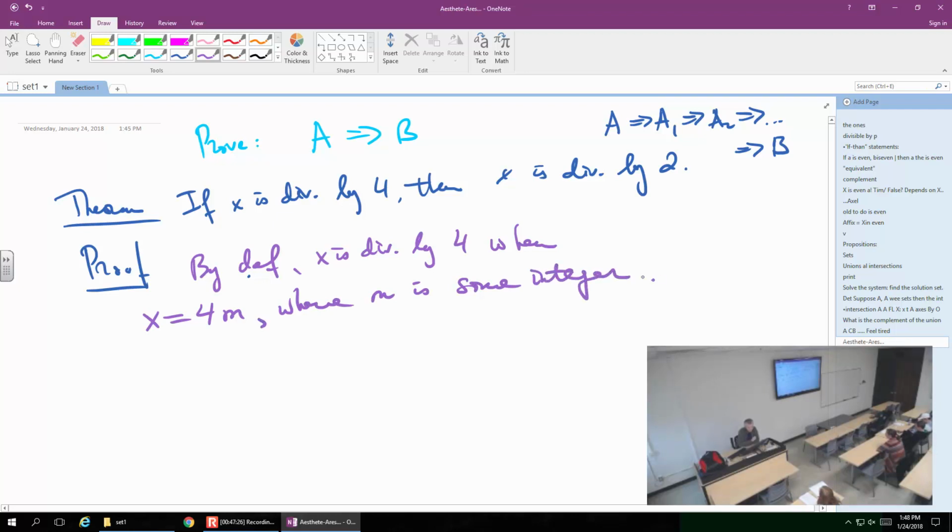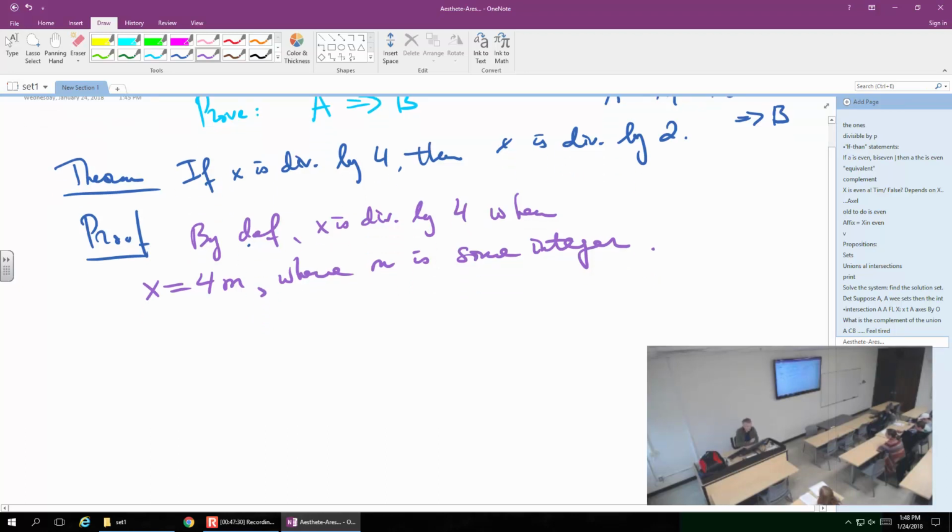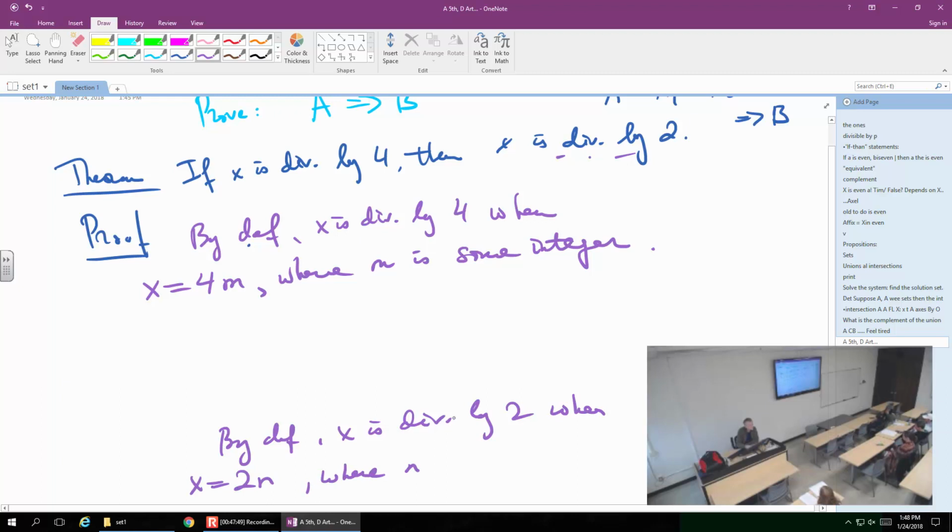If you want to anticipate what's going to happen at the end, I want to conclude that x is divisible by 2, so let me use the same idea and put it here. By definition, x is divisible by 2 when x is equal to 2n, where n is an integer.